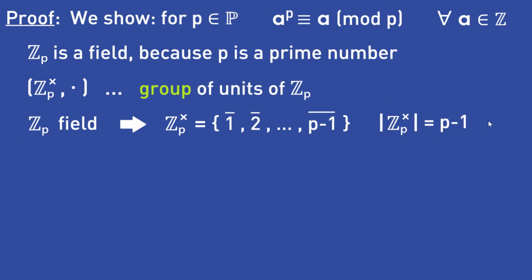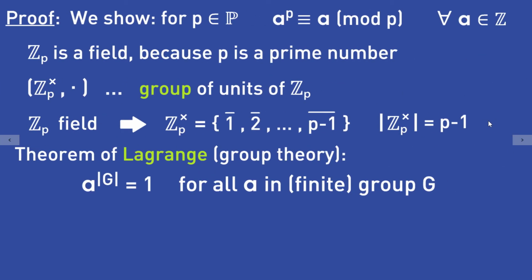Now we will use a very famous theorem of group theory. Normally, it's one of the first theorems that are shown after starting with group theory lessons. It is called the theorem of Lagrange.